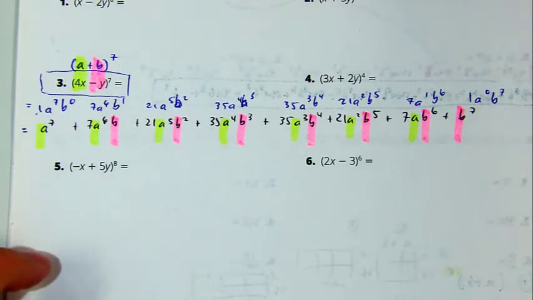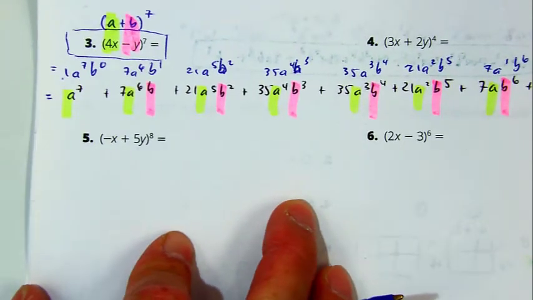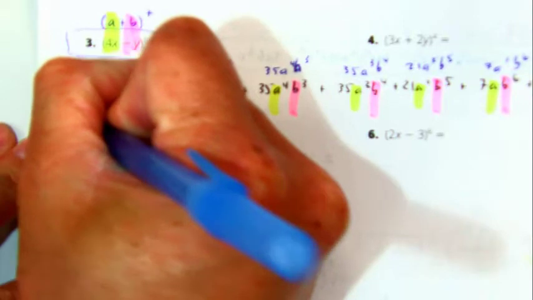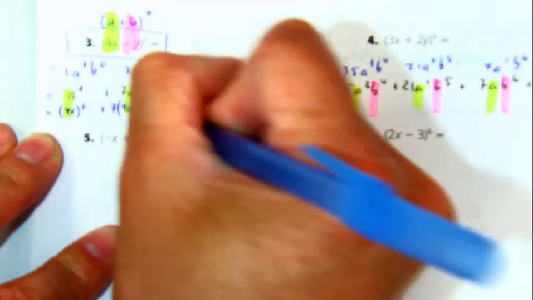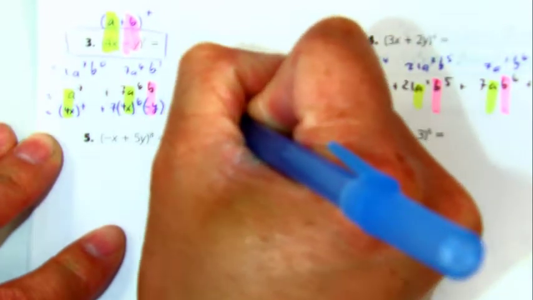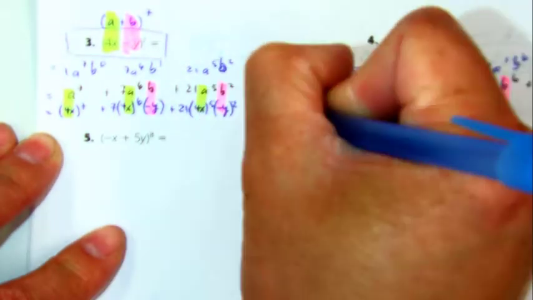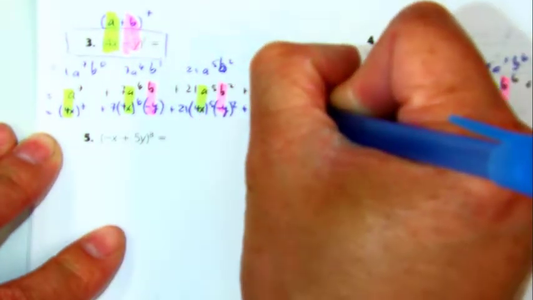Let me do the first couple of them with you and try to help you find those on your calculator. So the first one's going to be 4x to the 7th power, plus 7 times 4x to the 6th power times negative y, plus 21 times 4x to the 5th times negative y squared, and then we'll just continue the substitution.